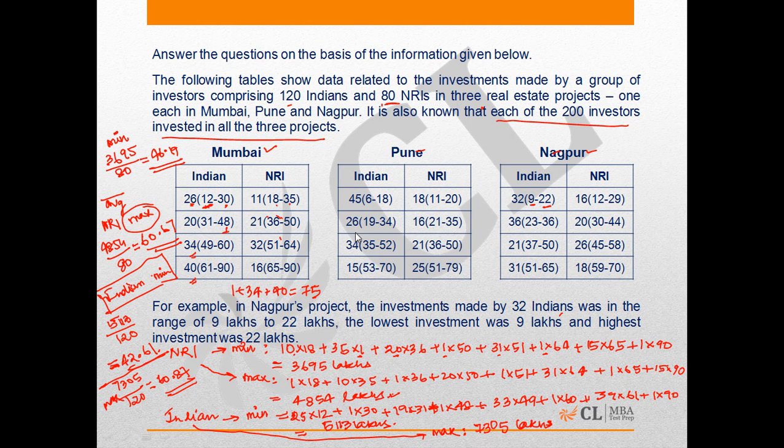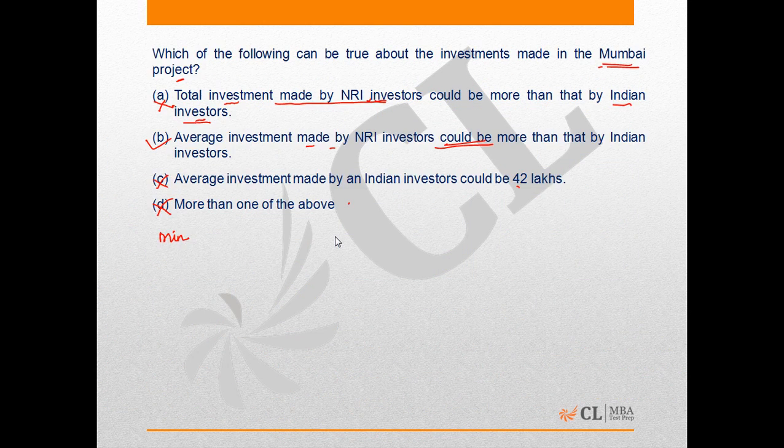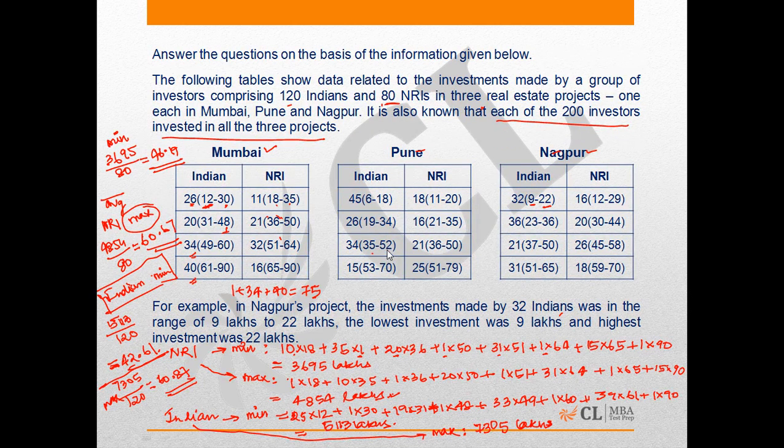If we look over here, we can have 36 lakhs, right? So we can assume that there is only one person at 52 and the remaining 15. So 1 plus 15 gives us 16. And if you look at Nagpur, there is 1 at 36, the remaining 21 more than 36 and 31 more than 36.